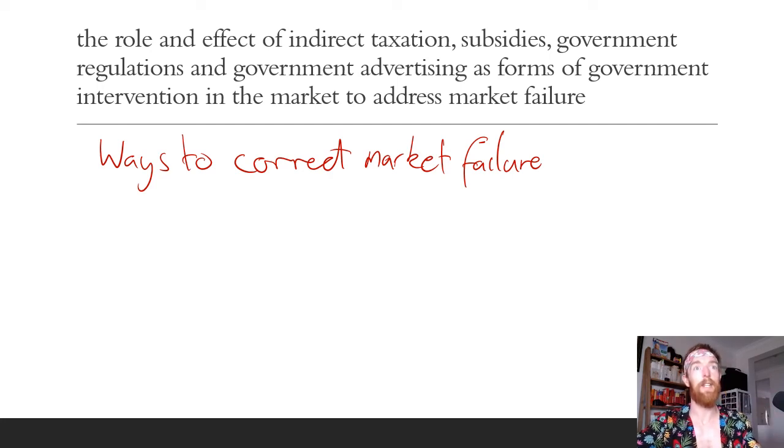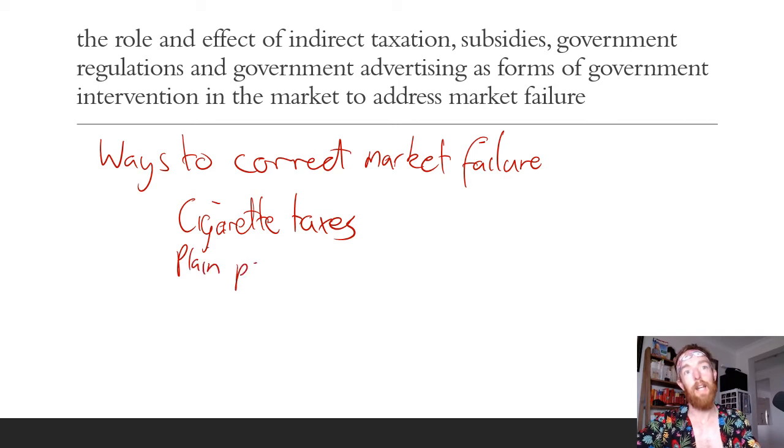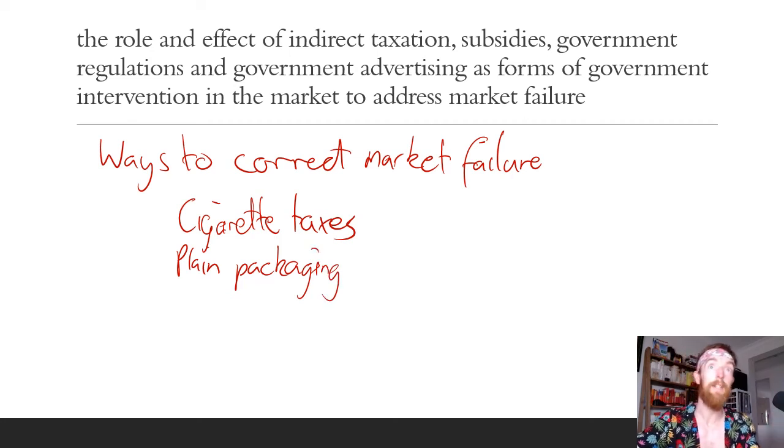So you could look at things like cigarette taxes and how that's meant to correct market failure. You could look at plain packaging and how that's meant to correct market failure. So by letting people know how their living standards will be affected, hopefully they will make better decisions based on that.